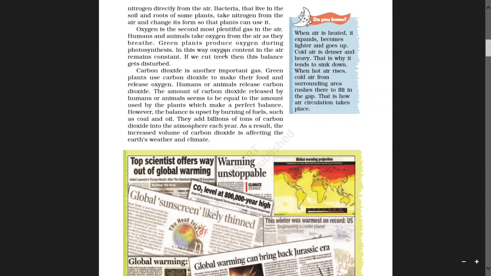In this way, oxygen content in the air remains constant always. If we cut trees, then this balance gets disturbed. See, balancing is very important.